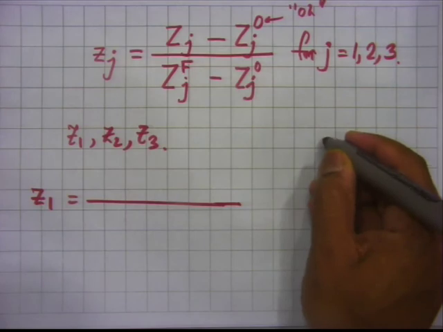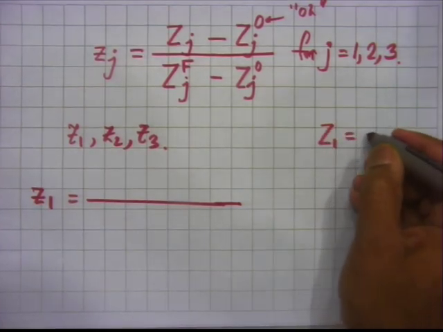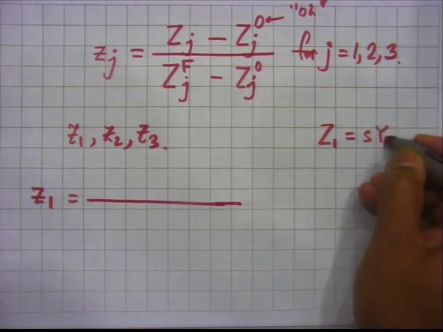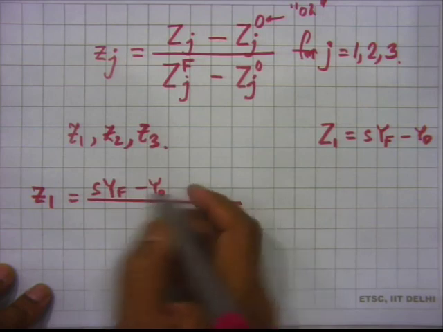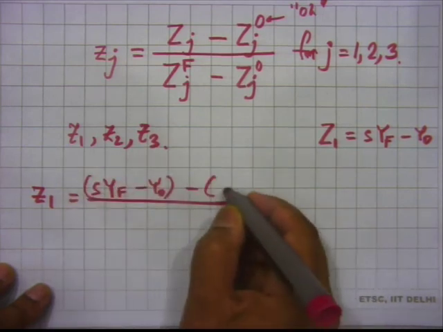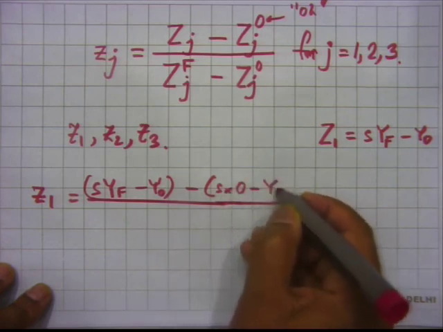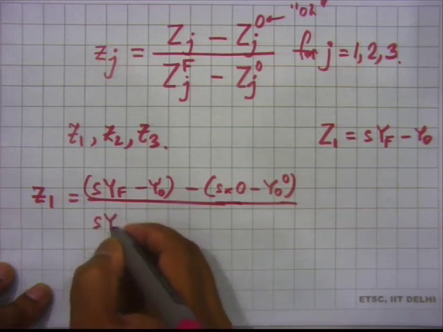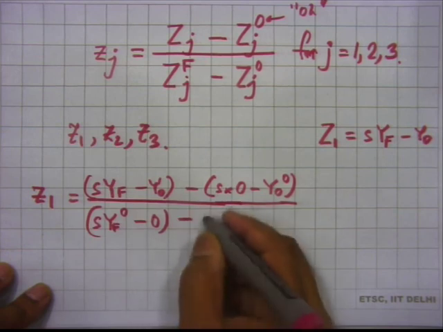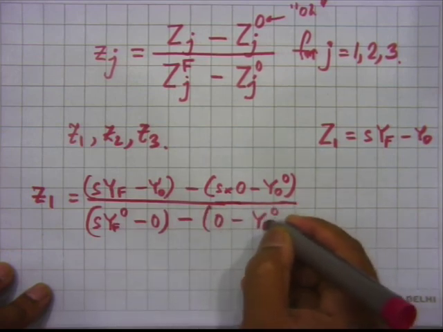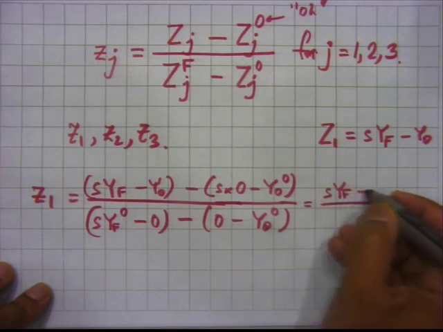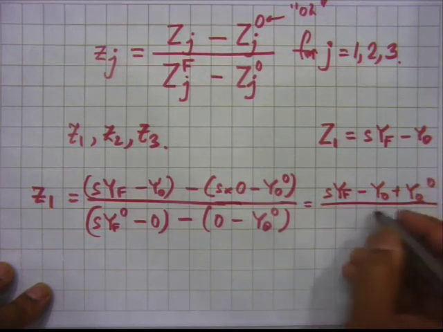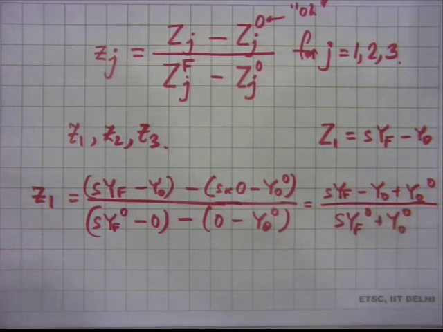So what is our capital Z1? It is S times YF minus YO. Is this correct?